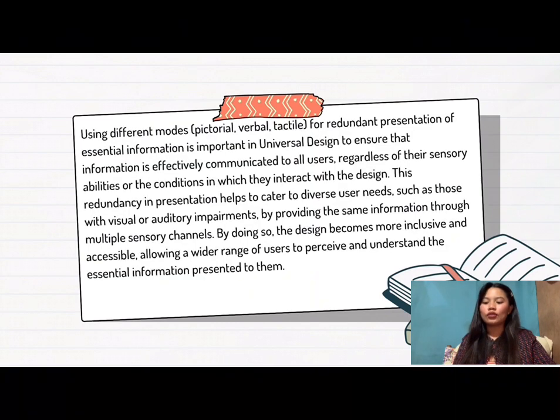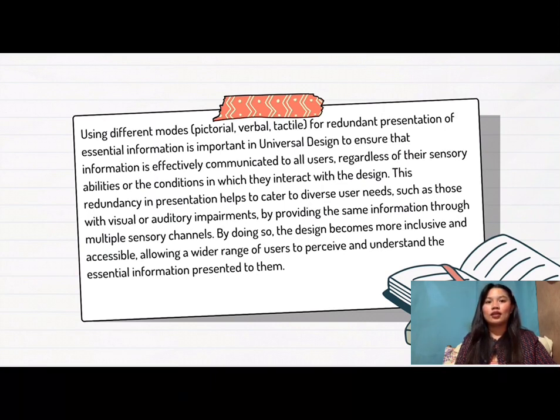So, the first guideline is using different modes like pictorial, verbal, or tactile for redundant presentation of essential information. It is important in universal design to ensure that information is effectively communicated to all users, regardless of their sensory abilities or conditions in which they interact with the design.